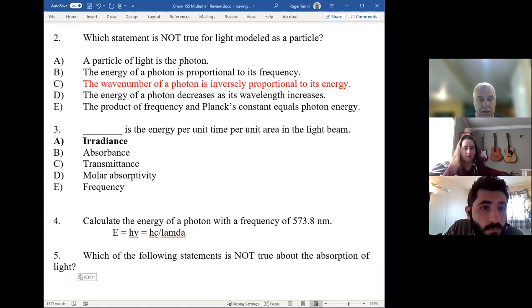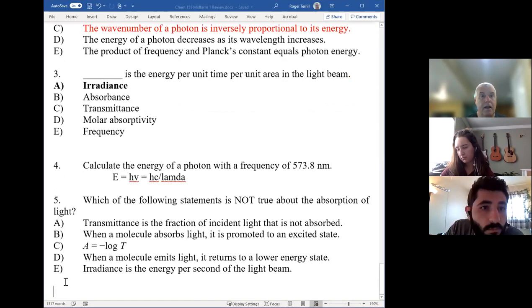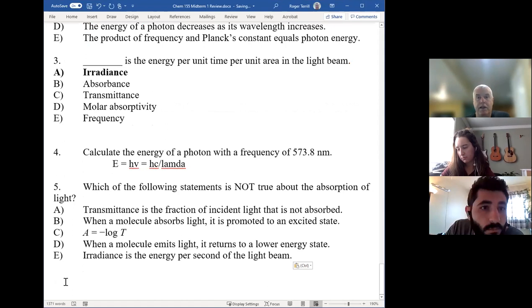Which of the following is not true about light absorption? Transmittance is the fraction of incident light that is not absorbed. That is totally true. When a molecule absorbs light, it is promoted to an excited state. Yeah, I guess so. A is minus log T. True.